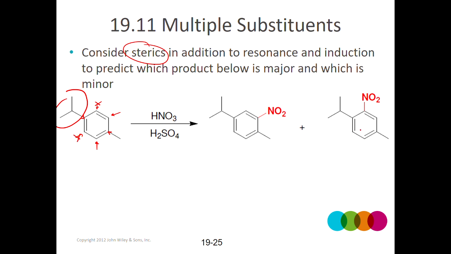So that's why I expect the major product to put the nitro group next to the smaller group, rather than the one where steric hindrance would be an issue during a transition state. So if two groups are similarly activating, but they're not predicting the new substitution to occur in the same place, then you would look at sterics to see which space is more open.